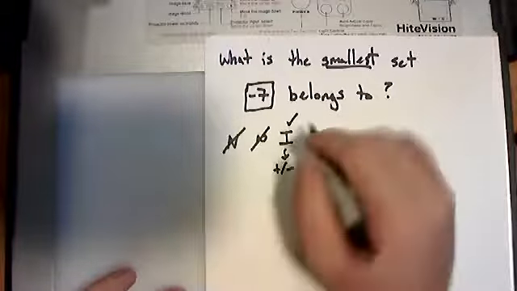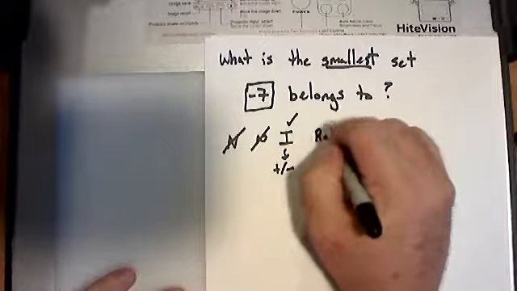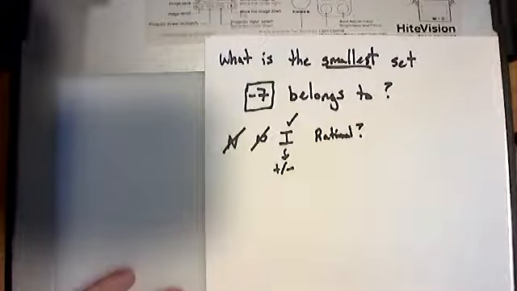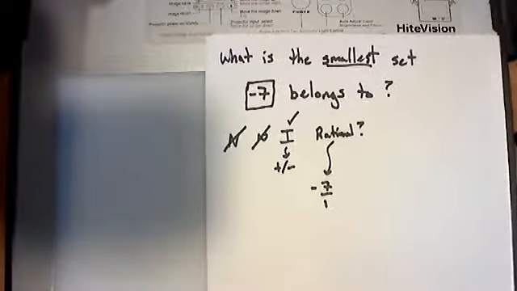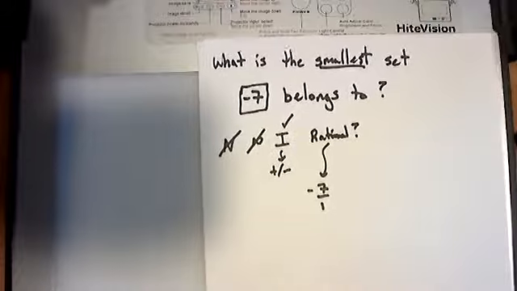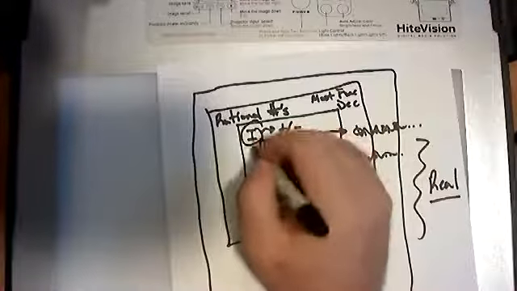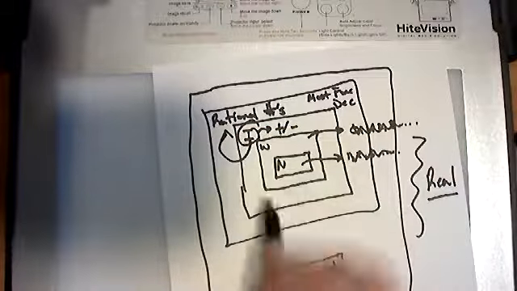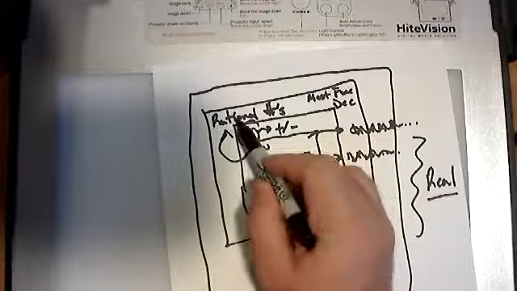Now, keep going. Is it rational? Yes, for 2 reasons. 1, because I can write it as a normal fraction, right? That makes it a rational number. And think about it. Where's that drawing I just had a second ago? Think about what we said in the drawing. Weren't all the integers inside of the rational numbers? Just by containment. If it's an integer, it's inside the rational numbers, right?